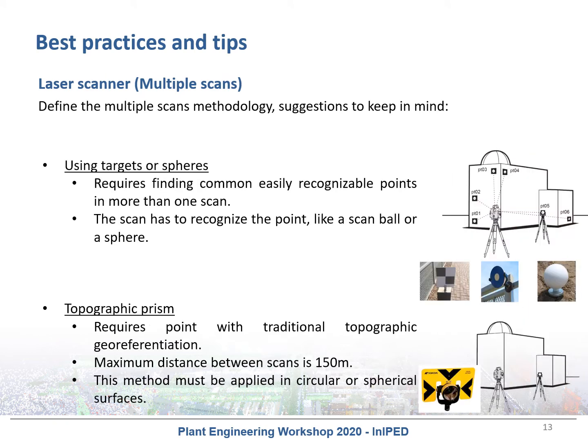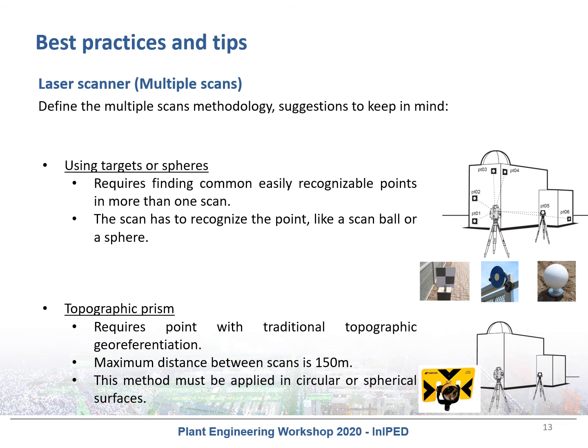If you use targets or spheres, that requires finding common, easily recognizable points in more than one scan. If you use the topographic prism, we require points with the traditional topographic georeferencing, and the maximum distance between scans is 150 meters.